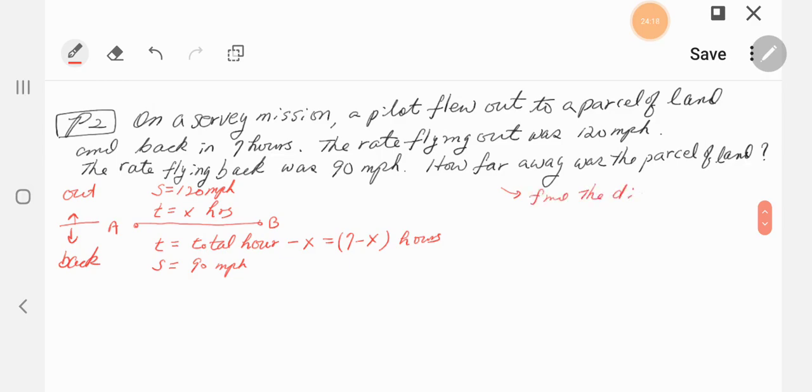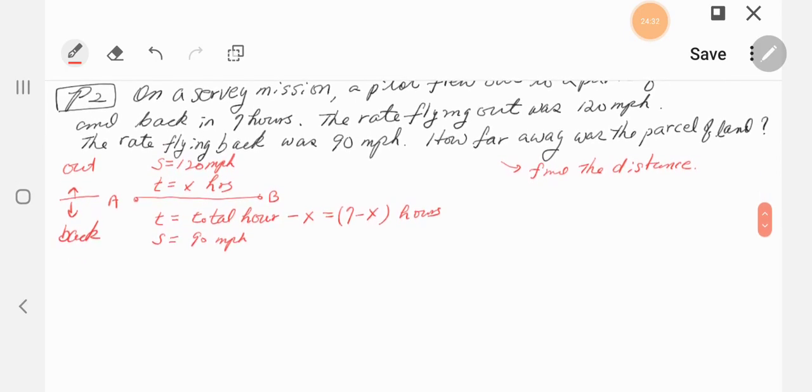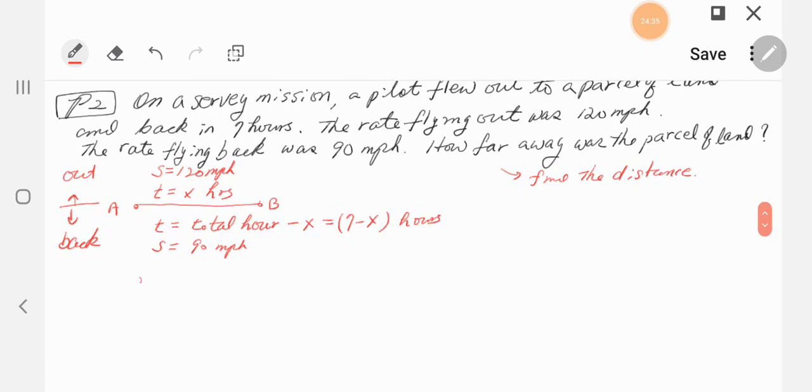But before we find the distance, we have to find the number of hours it took from A to B. So let's find X first. The distance going out is the same as the distance when you return. The distance formula is speed times number of hours.